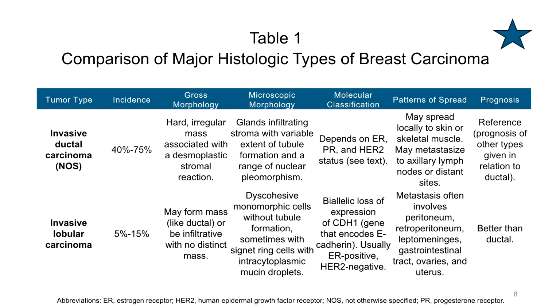The invasive lobular carcinoma only represents up to 15%, and they have other types of gene expression, mainly the ones that have to do with cadherin. They can be estrogen positive, but usually they are HER2, or human epidermal growth factor receptor, negative.